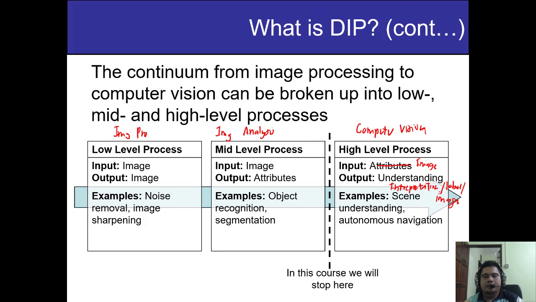So if you find a certain process where the input is an image and the output is the interpretation, the label, or the name of the image, then that is called computer vision. So that is how you make a border between image processing, image analysis, and computer vision.